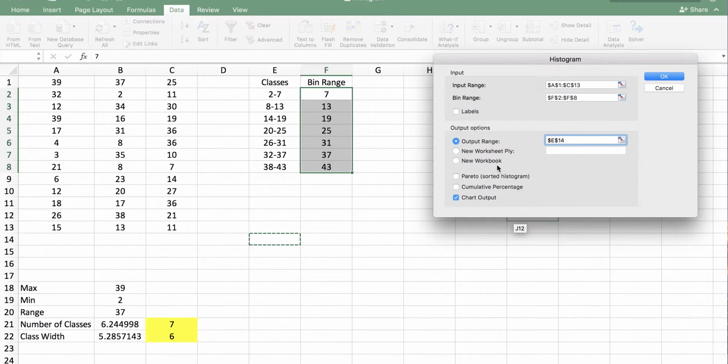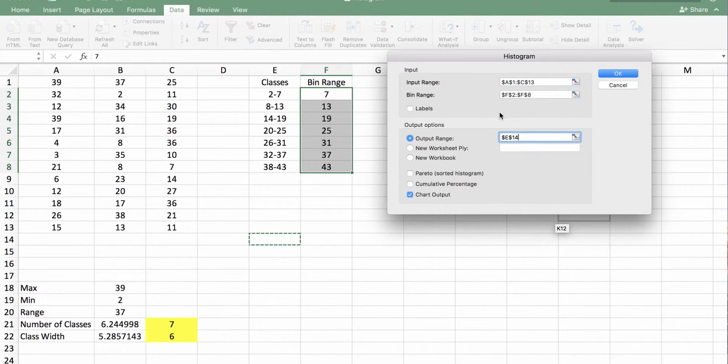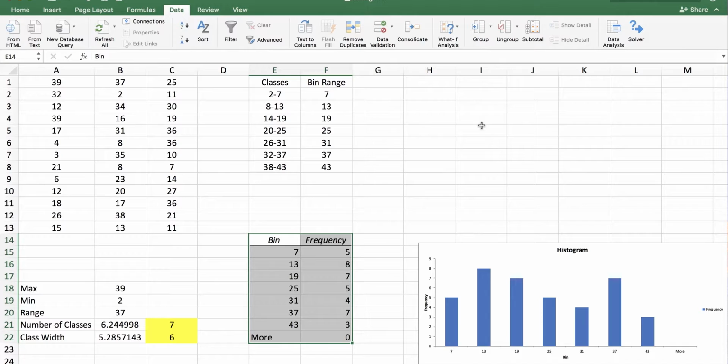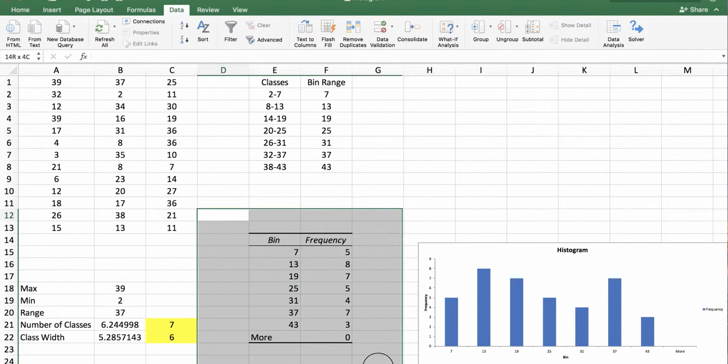They will open a new worksheet and put the output in that worksheet. Okay. And you will probably have the chart output unchecked. Make sure it is checked because that will plot our histogram.